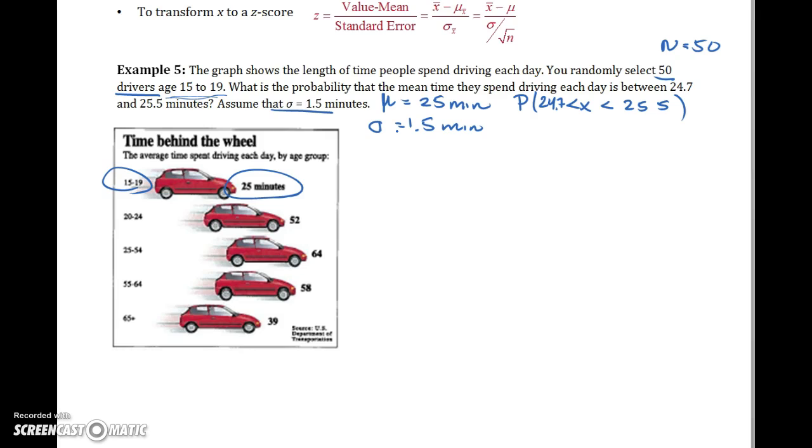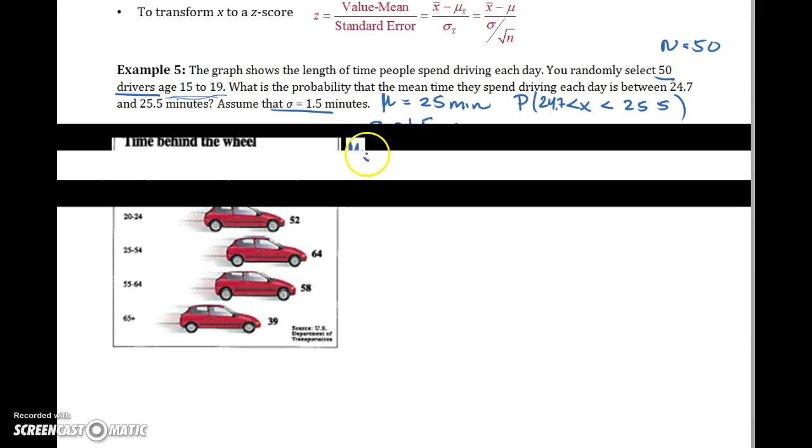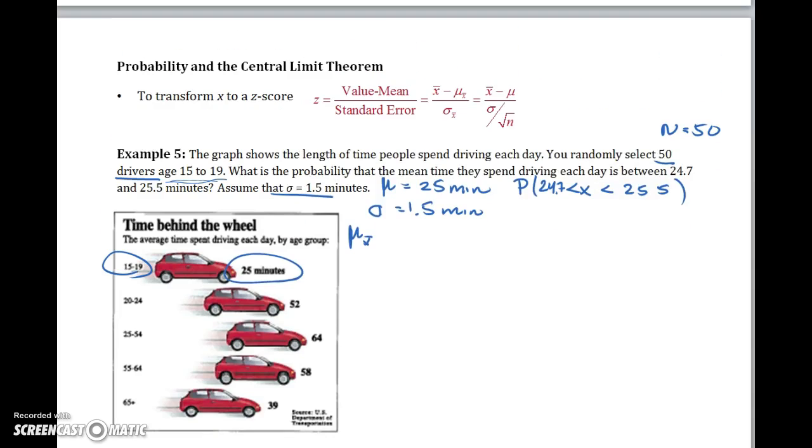Well, the first thing that I would like to do is, because I'm looking for the samples, I need to find my samples under this one. I know that my sample mean is going to be the same, 25 minutes.